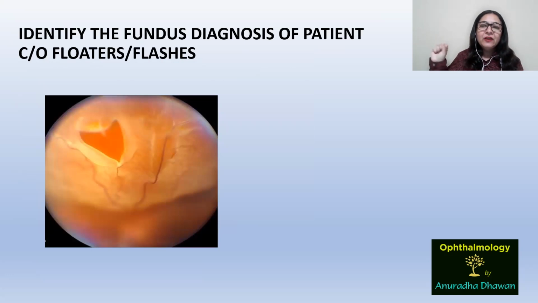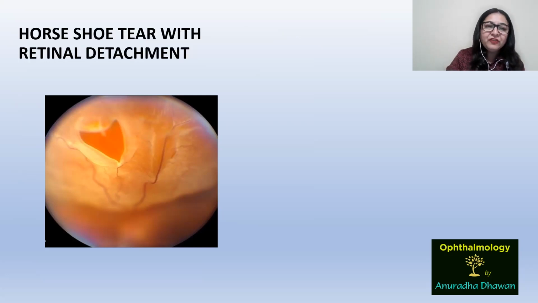Going ahead, identify the fundus diagnosis of a patient who complained of floaters and flashes. And there is this image. So patient had floaters and flashes, and now this is the image. Now this is the fundus diagram. Okay, so you can notice those retinal vessels over here. But here we also notice that there is a tear in the retina. The retina is torn. And this type of the shape of the tear is known as horseshoe tear.